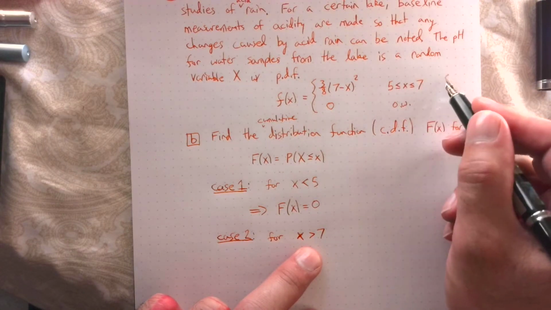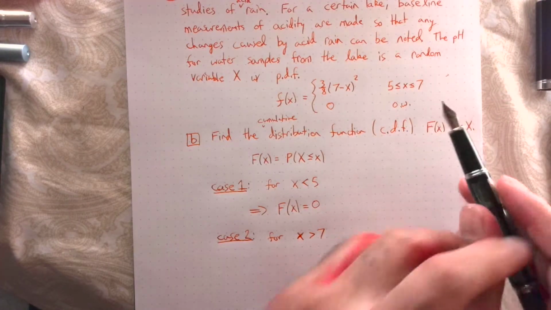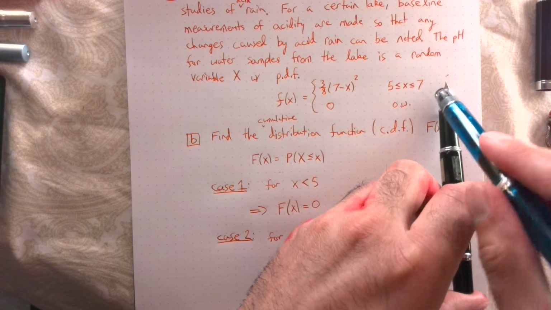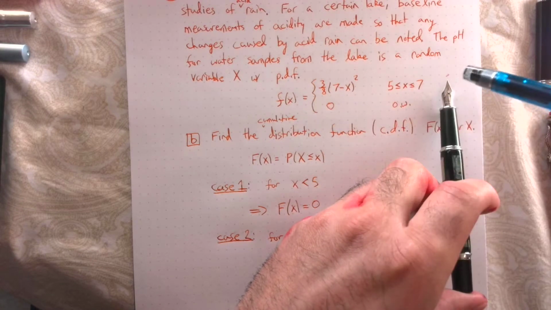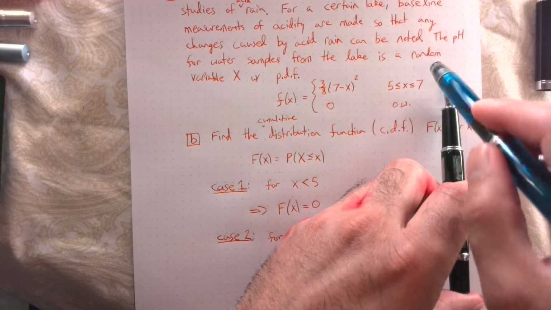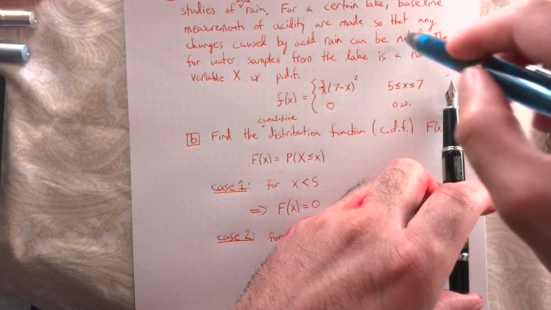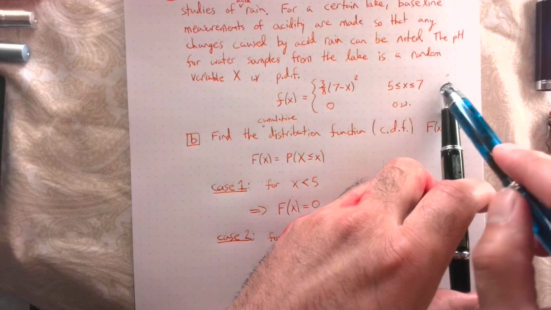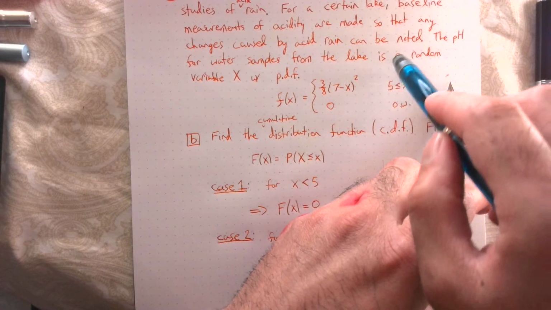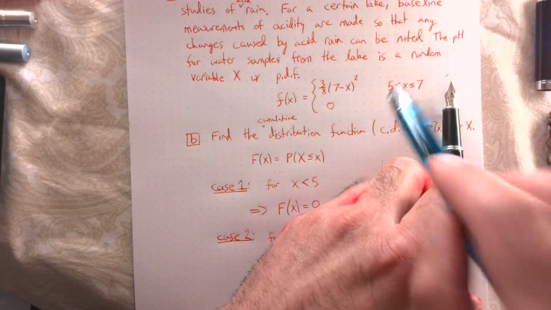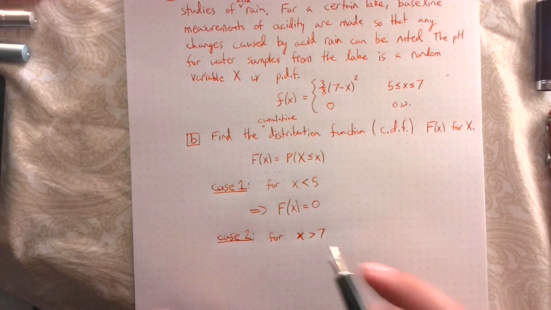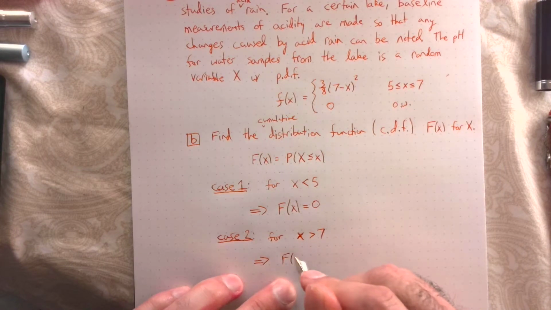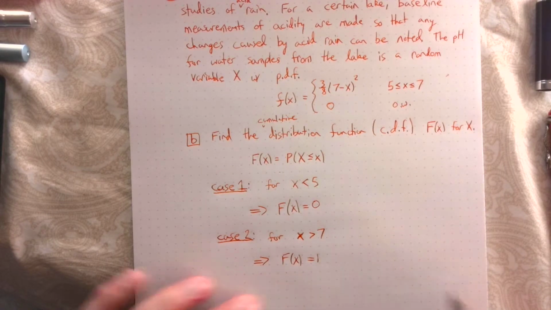If I'm greater than 7, all of my probability density function is to the left of me, less than or equal to me. So whatever this distribution looks like between 5 and 7, the probability that I'm less than or equal to this, I'm integrating over all my non-zero PDF. That has to be equal to 1. So in this case, my F of x is equal to 1.